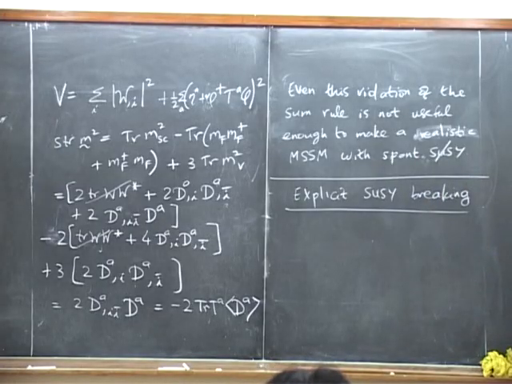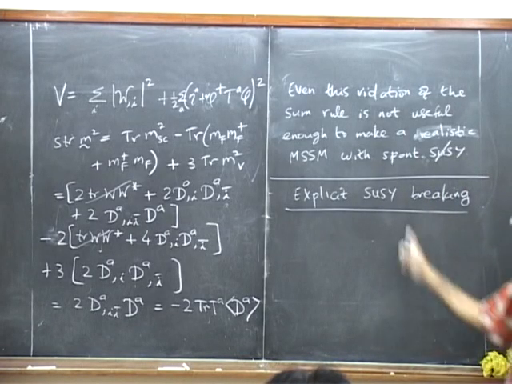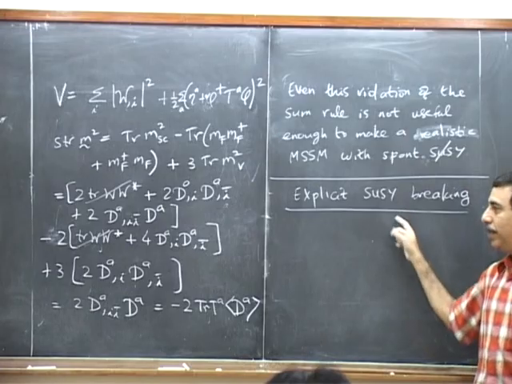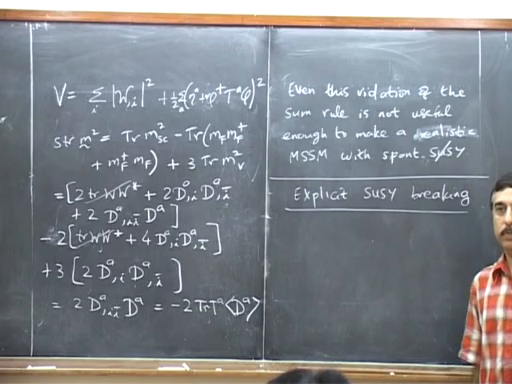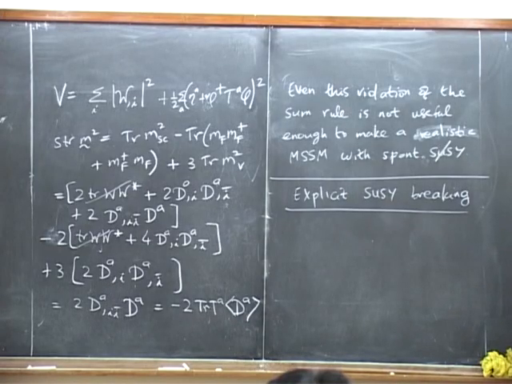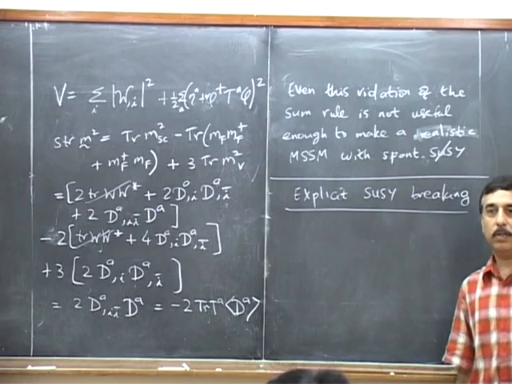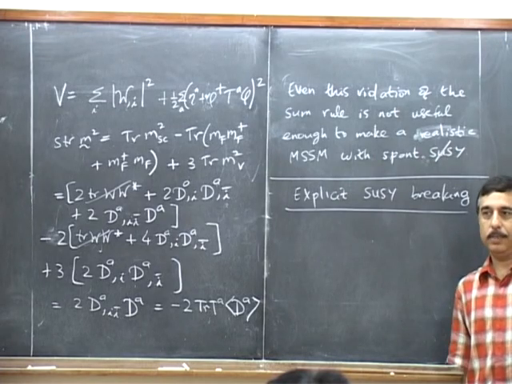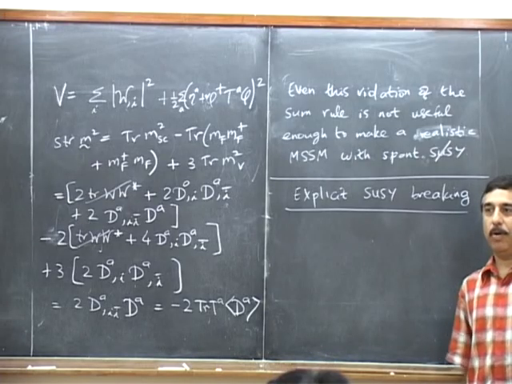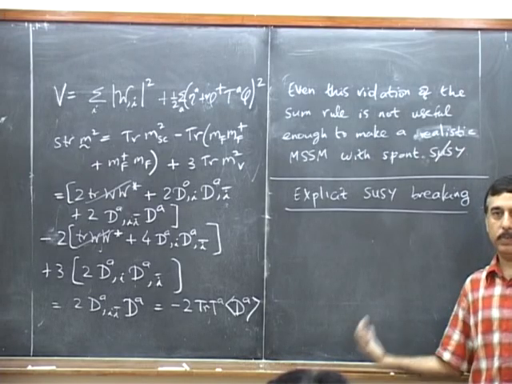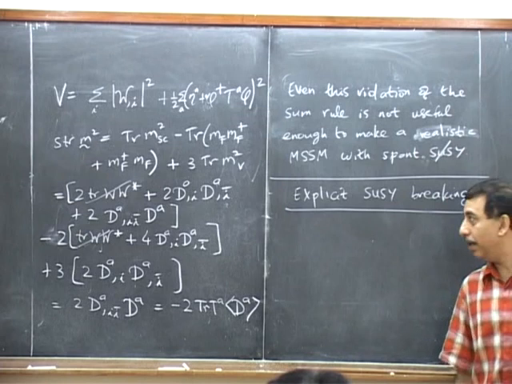Now the key point about it is that we'll always be keeping in mind that this is explicit in the sense that we will introduce some terms by hand in the Lagrangian of the MSSM which are not supersymmetric, but they'll be chosen specifically so that they don't destroy the good high energy properties of supersymmetry, and in particular they don't bring back the quadratic divergence in the Higgs sector which we struggled so hard to eliminate.